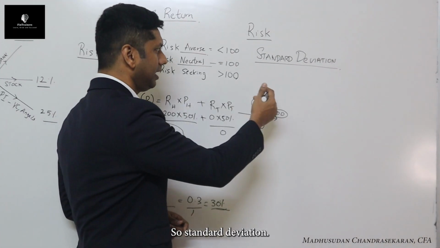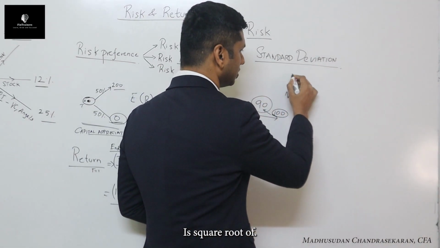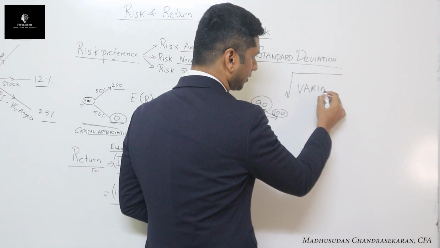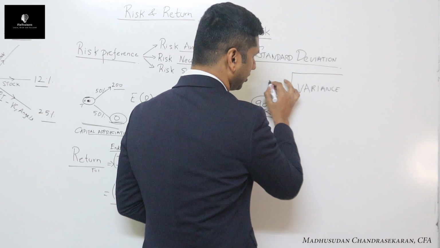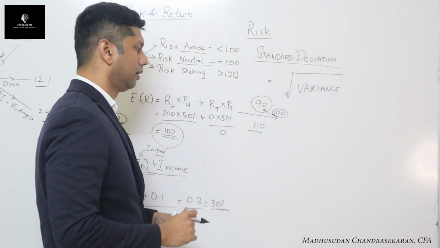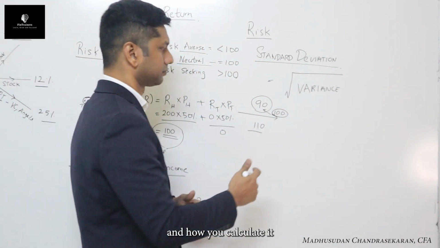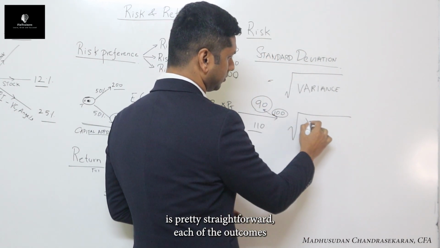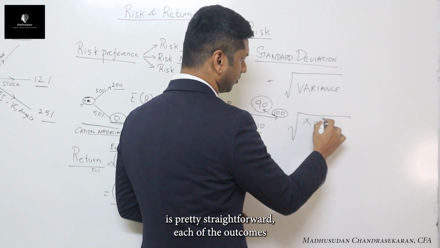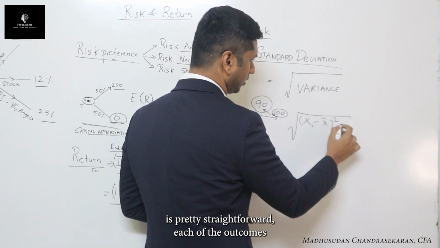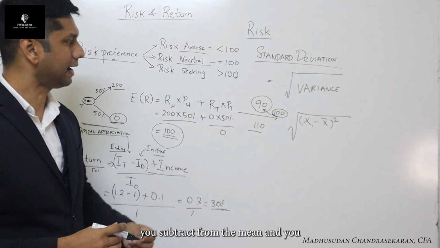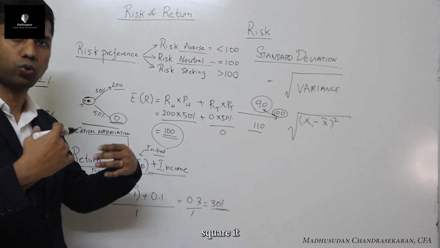So standard deviation is the square root of variance, and how you calculate it is pretty straightforward. Each of the outcomes you subtract from the mean and you square it.